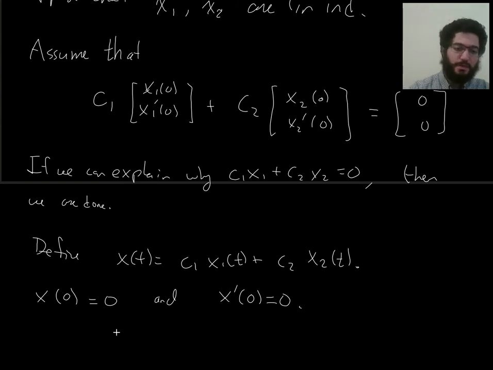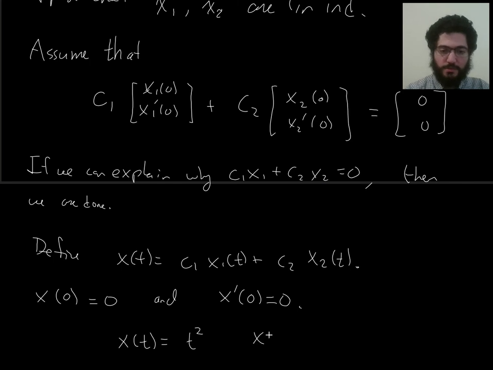For example, if you had x of t equals t squared, then it would definitely be true that x of 0 is 0 and x prime of 0 is 0. So that can happen, and then x would not be 0. So what do we do?